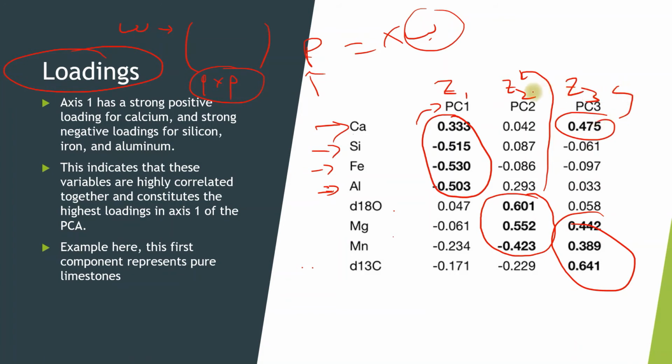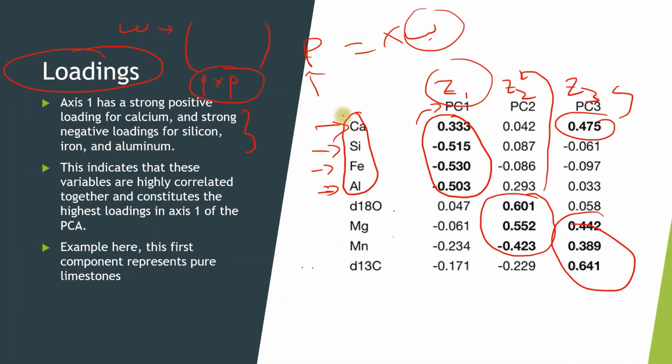That could mean something. It could mean that the first principal component is explaining something particular, and it's something related to calcium, silicon, iron, and aluminium.